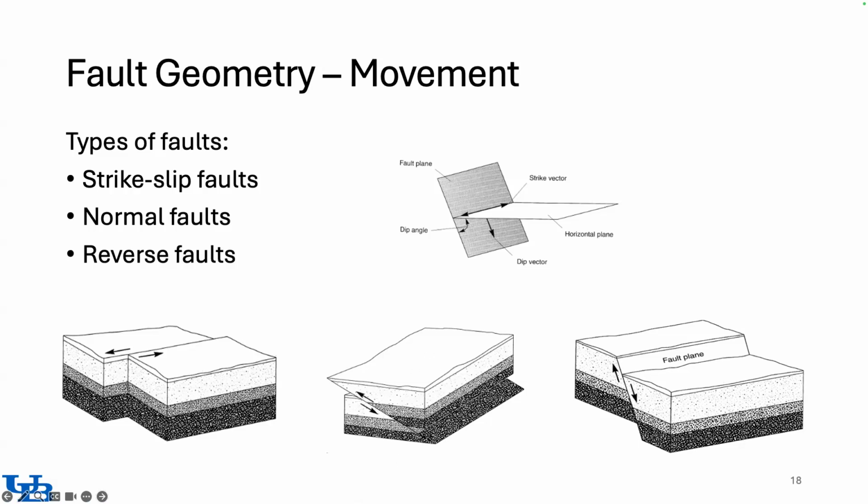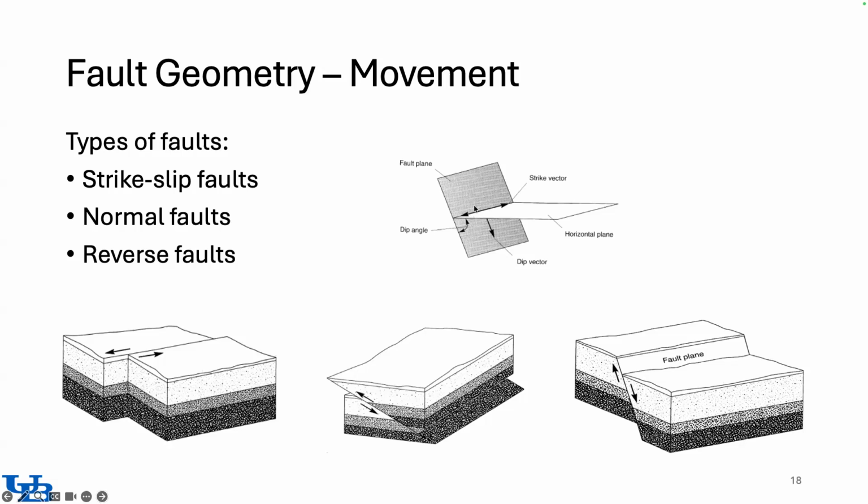And depending on the angle, if this is a very oblique fault, so a very small dip angle, those are also called thrust faults, and those are the ones that typically produce the largest earthquakes. And to describe the geometry of the fault and the movement, we have the fault plane. That's the plane that defines the discontinuity between the two sides of the fault.